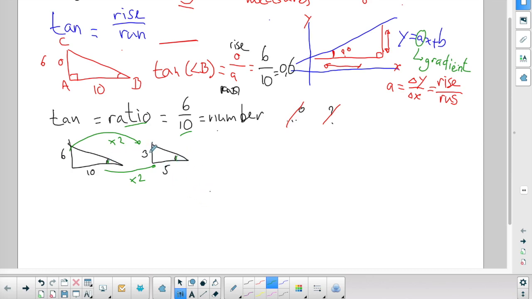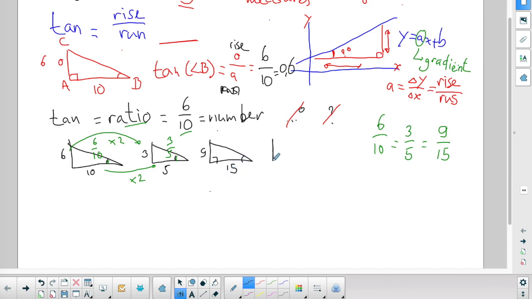It must be, because the ratio over here is 6 over 10, and the ratio here is 3 over 5. And I know that 6 over 10 is the same as 3 over 5. So if I make a triangle with an opposite side of 9, then the other one has to be 15. So let's draw it. This side is 9, this adjacent side is 15. It's still the same angle.